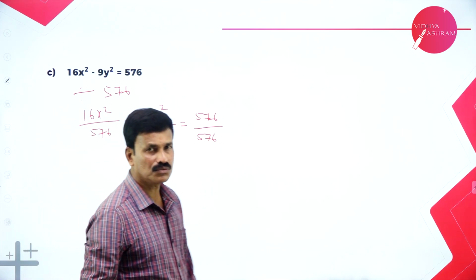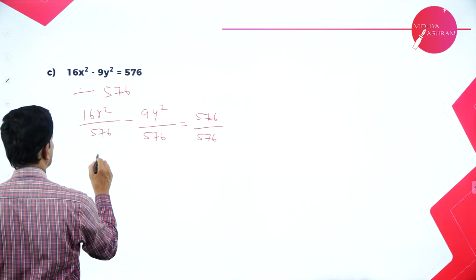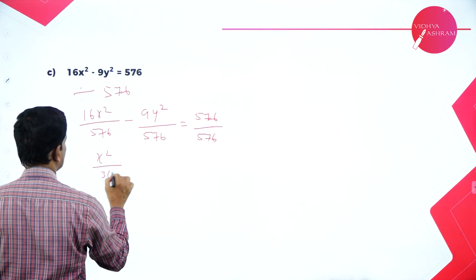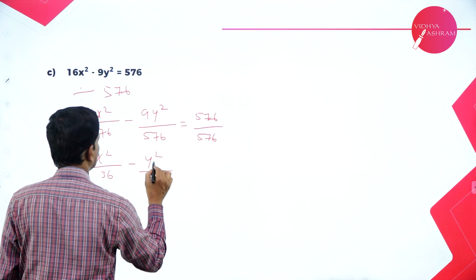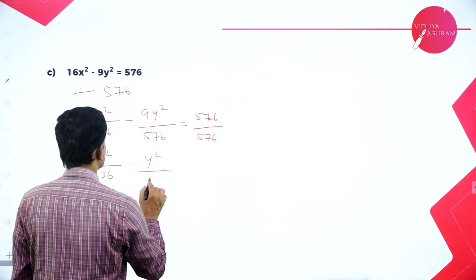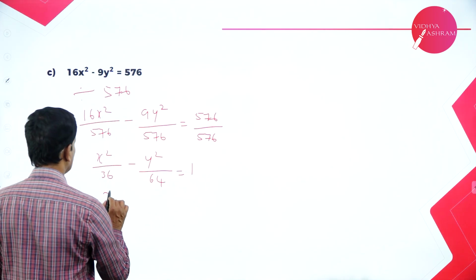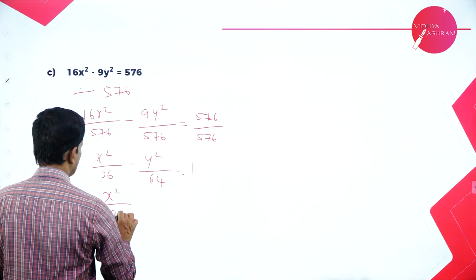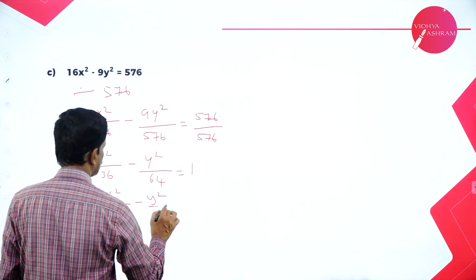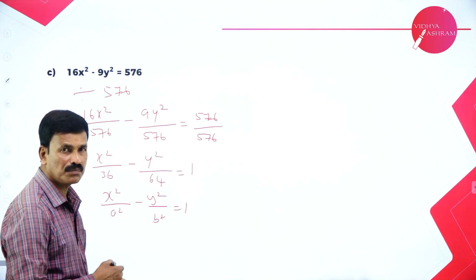If you divide 576 by 16, it cancels to 36, so x square by 36 minus y square by 64 is equal to 1. The equation of the hyperbola in standard form is x square by a square minus y square by b square is equal to 1.